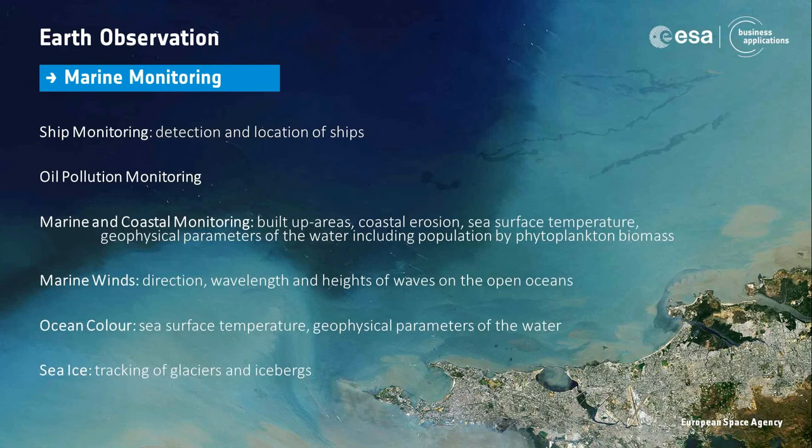If we go instead to passive optical satellites, these can be used for marine and coastal monitoring. For example, to detect and monitor built-up areas, or coastal erosion, or parameters of the water like sea surface temperature, or geophysical parameters of the water like phytoplankton biomass.